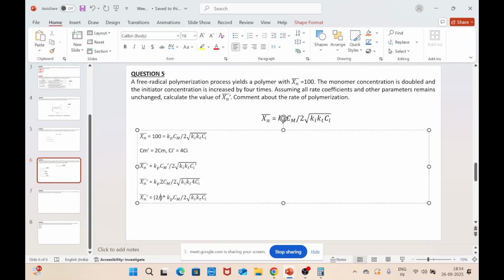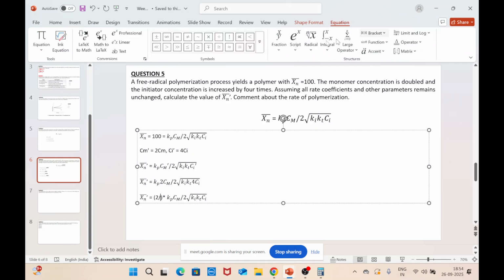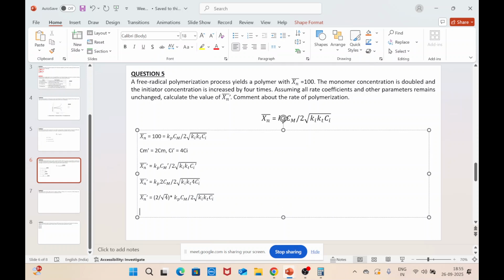Let me write this as root 4 first for clarity. Root 4 is equal to 2.